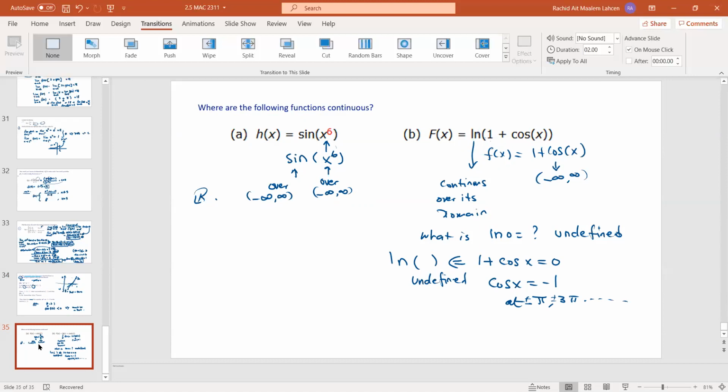Which means it's not continuous at these values. So it is discontinuous at these odd multiples of pi. I think that's it for this section. If there are other examples, we'll solve them in class. All right, thank you.